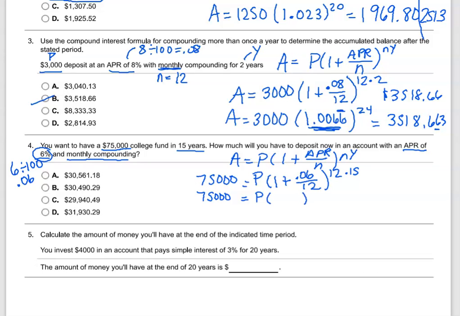So I'm going to type in 1 plus 0.06 divided by 12, and I'm going to type that in as a fraction on my calculator. That gave me 1.005. I can take care of the 12 times 15. 12 times 15 is 180.